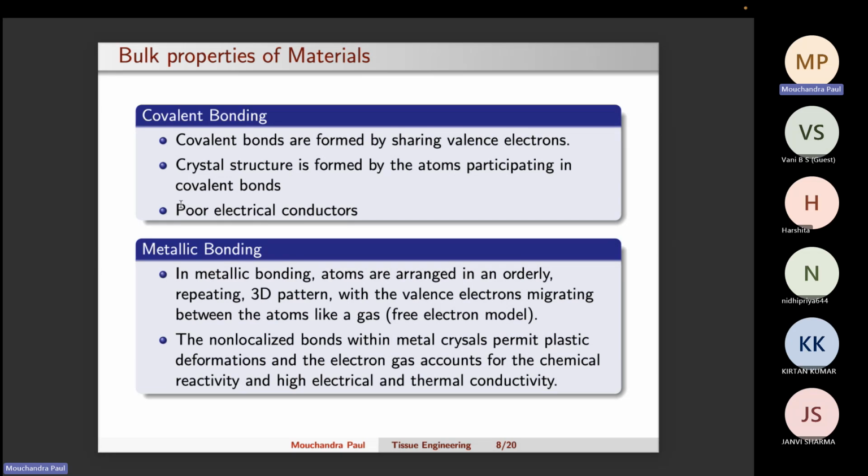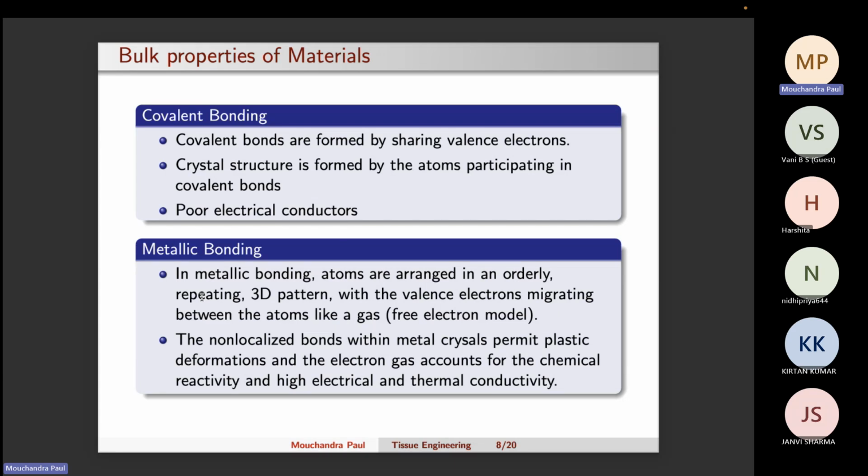Since there are no free electrons within the crystal structure, they are poor electrical conductors. Now, there is another class of primary bonds found in solids called metallic bonding. You can obviously understand they will be found in metals.